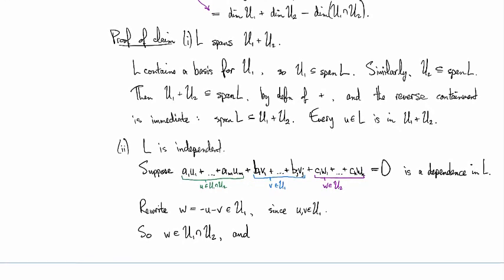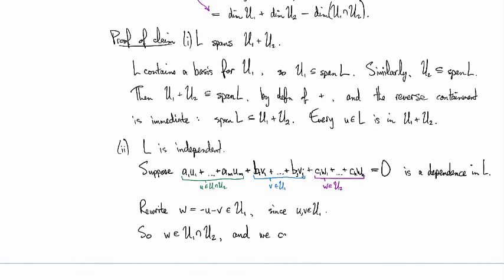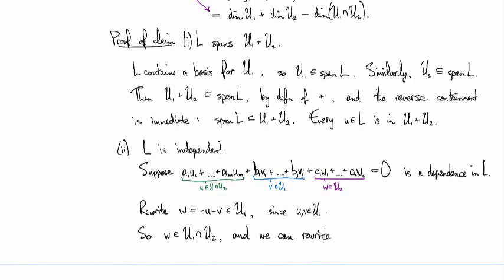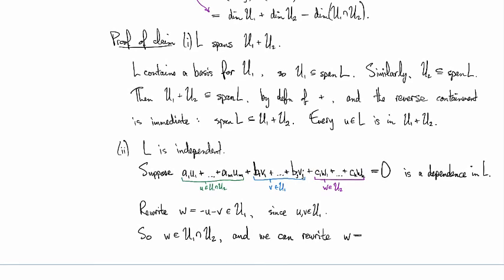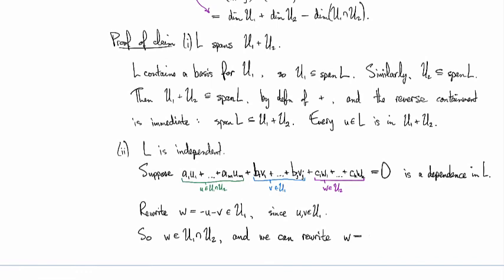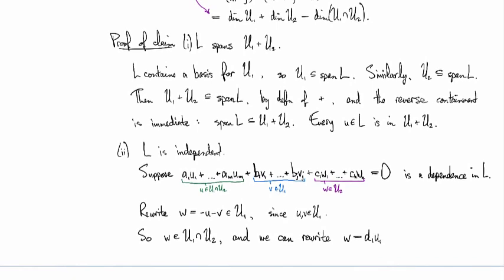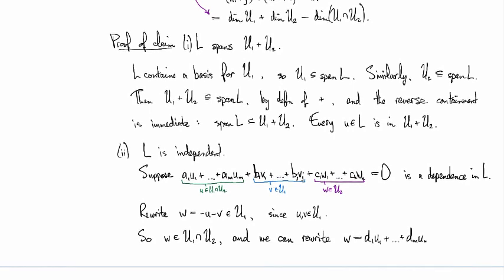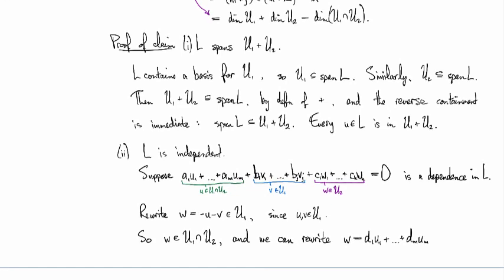Okay, so we have a basis for the intersection. So we can rewrite w again in terms of that basis. Now the basis for the intersection is the one consisting of u's, and we run out of coefficients, so let's call it d1 u1 plus blah blah up to dm um. Okay. So then let's see.